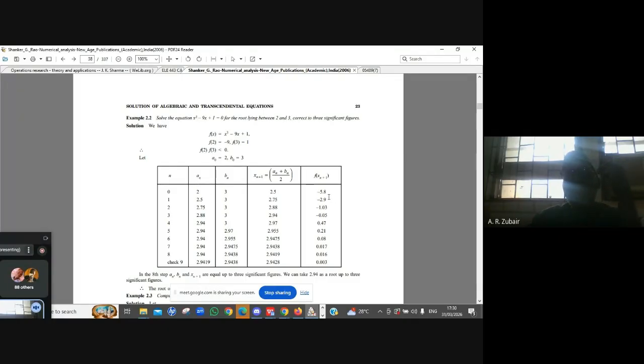And F is the value we get when we put that solution in that expression. To get X, we are going to add A plus B and divide by 2. A is 2, right? B is 3. So add it, we are going to have 2.5. Now put 2.5 here. We are going to get minus 5.8.